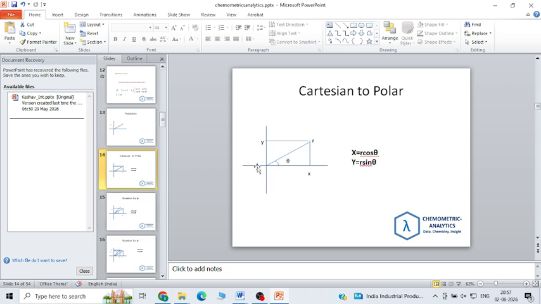Now imagine if I rotate my vector, if I push it towards the y-axis by rotating it with angle phi. Then what happens is that you reach here, this r becomes here, and now there will be a new relationship between x and r and y and r. So how do we derive that relation?